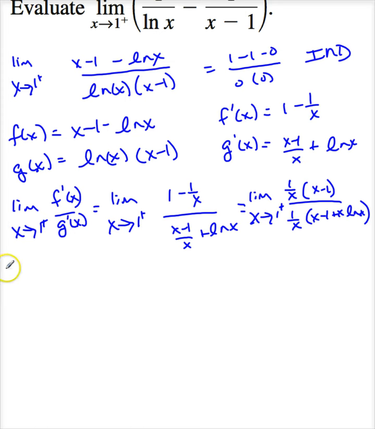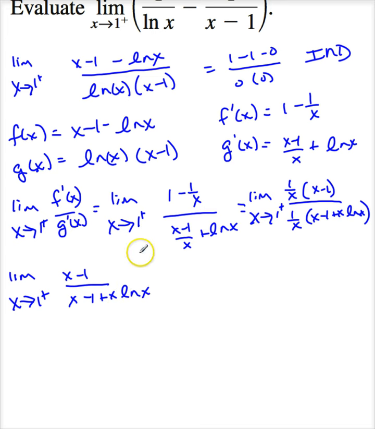All right, let me let those cancel. And this is the limit as x approaches 1 from the right of x minus 1 divided by x minus 1 plus x log x.